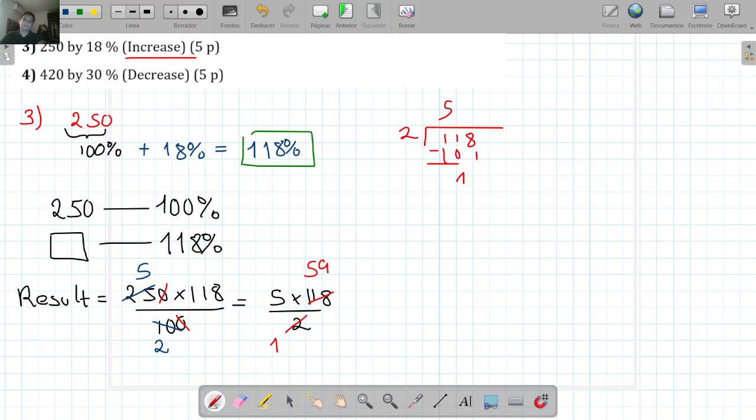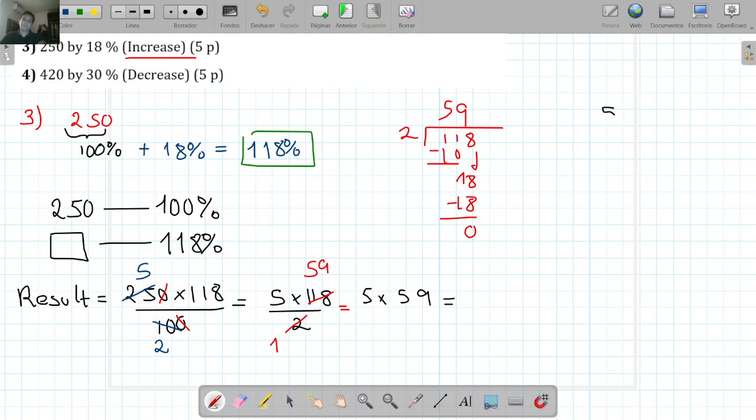We have the 1 down, we take the 8 down, and you may see here the result is just what I wrote. So the half of 118 is 59 and the half of 2 is just 1, leaving me with a simple operation of 5 times 59.